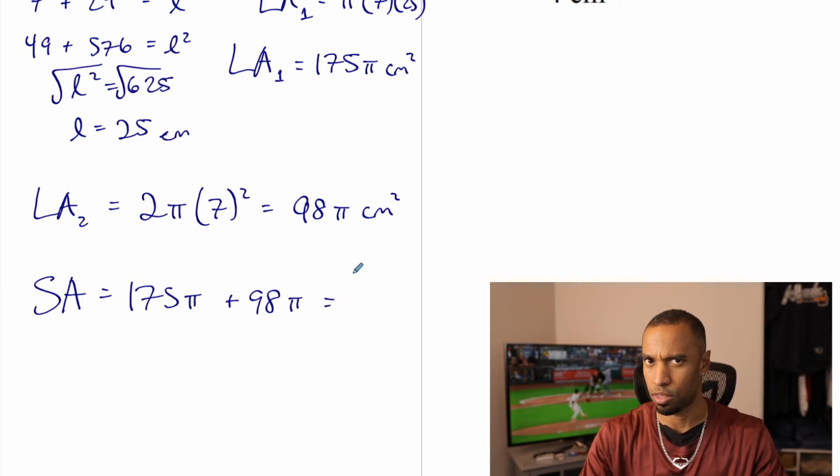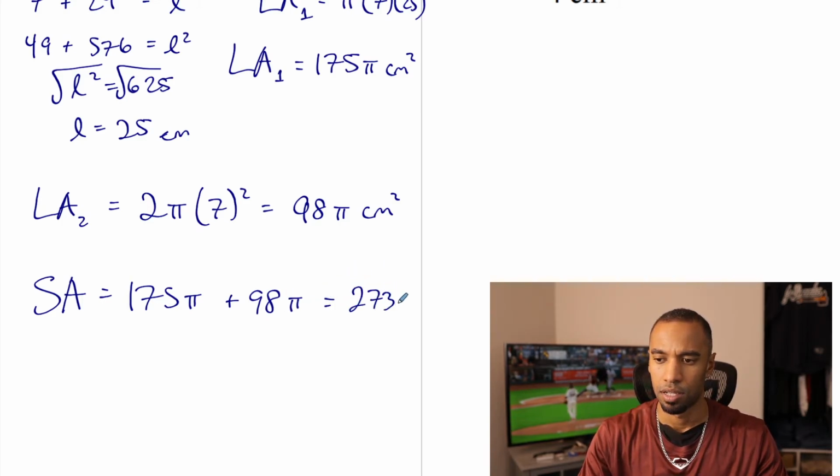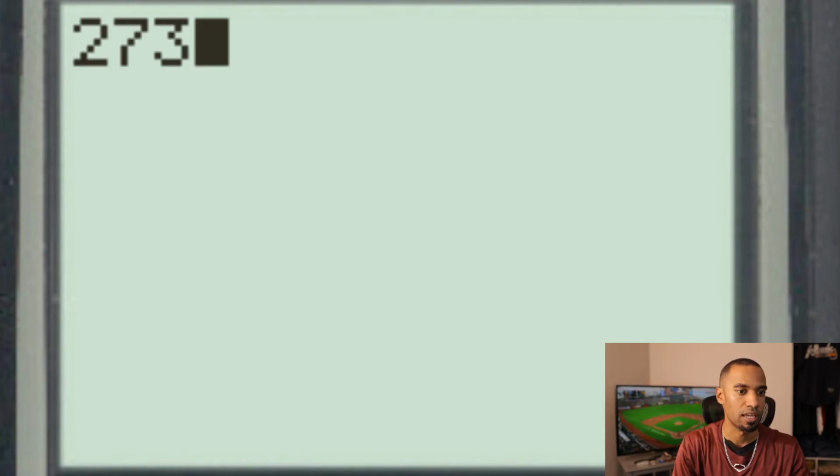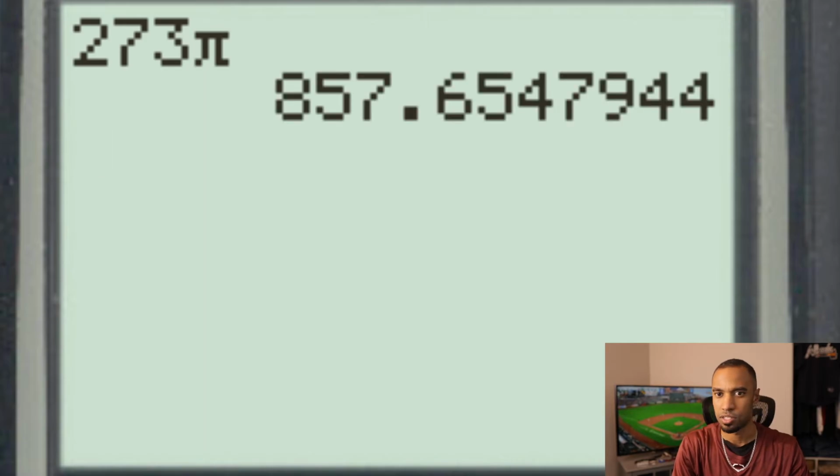That should be 273 pi square centimeters right there. And using a calculator, 273 times pi will give us 857.65 when you round to the nearest hundredth there.